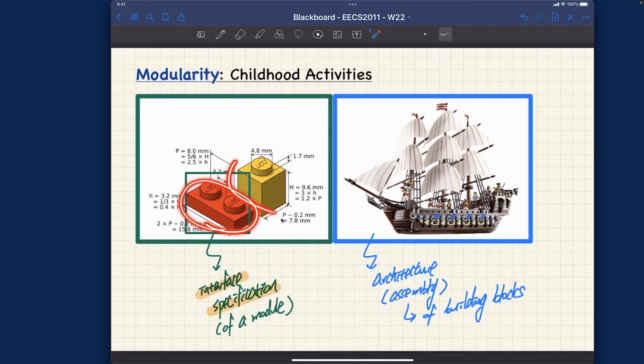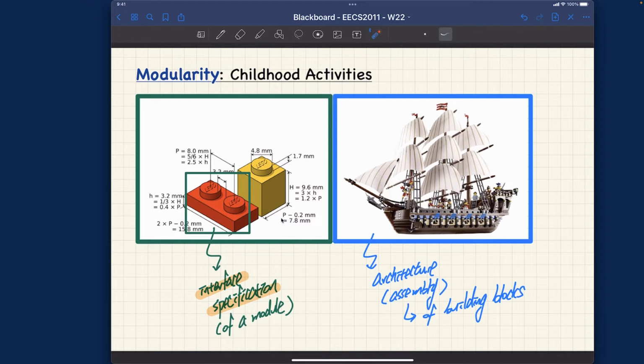This is just another module. And this is assembly of different modules, so you can build an even bigger module. Everything is a module, basically. A module may have sub-modules inside, right? So every time you want to build something, you want to think about whether there's any other module that you can simply reuse. We'll talk about reusability of module later.